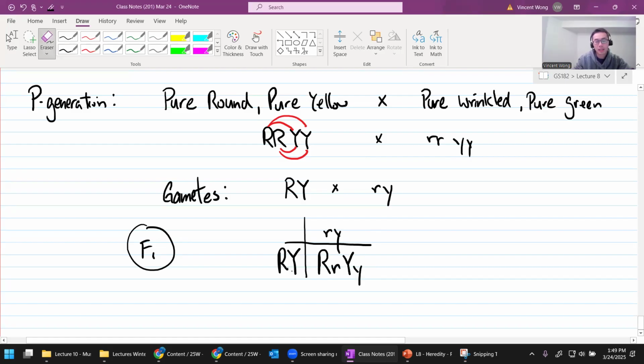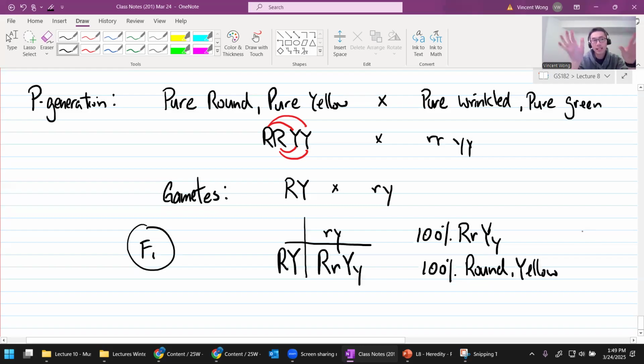And then when we do it together, it's like this. Big R, big r, big Y, small y, like so. And remember, we have to keep track of 2 traits at the same time. So 100% big R, small r, big Y, small y, 100% round and yellow.